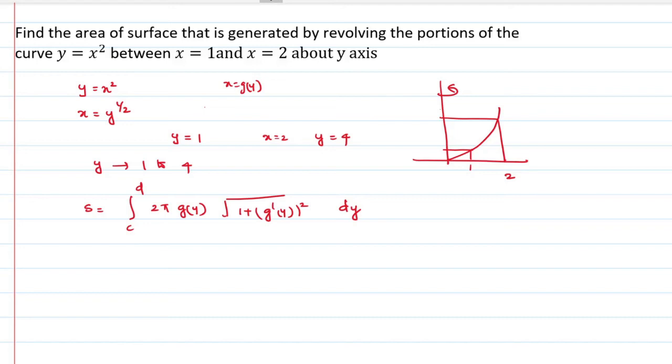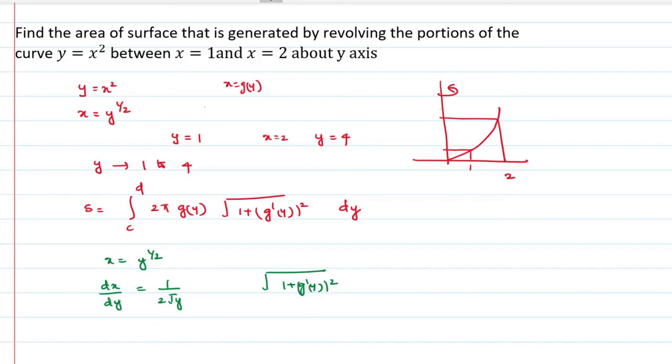What is g of y? We have x is equal to y raised to 1 by 2, so dx by dy is the derivative of root y, which is 1 by 2 root y. Is it right?